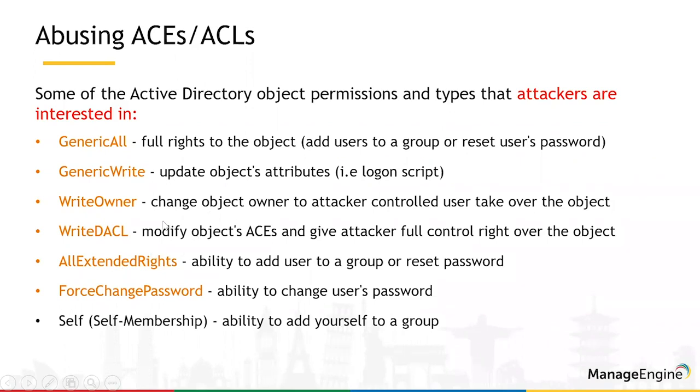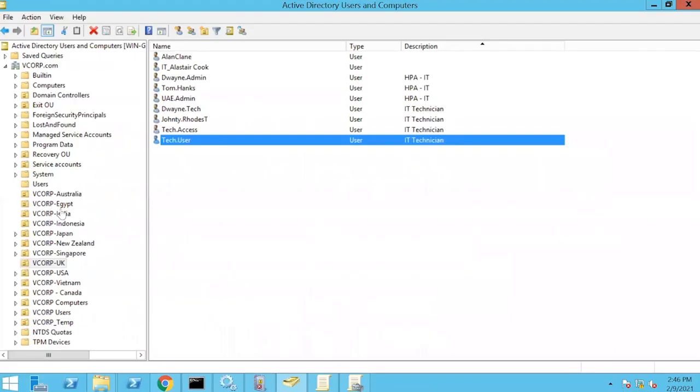Okay, for example, let me show you something here. You have this special permission called Write Owner. Now, if I have this Write Owner permission, I can change the owner of a specific object and take control of the object. Let's say, for example, the owner of the Australia OU is Eric.